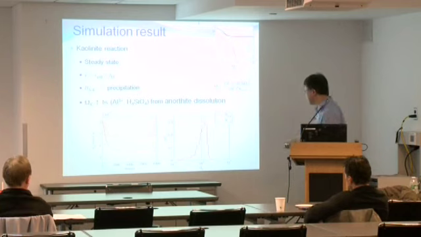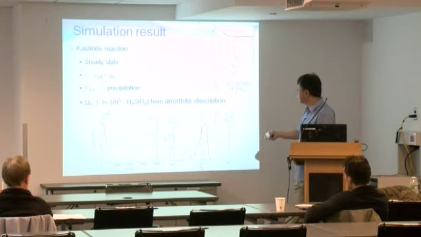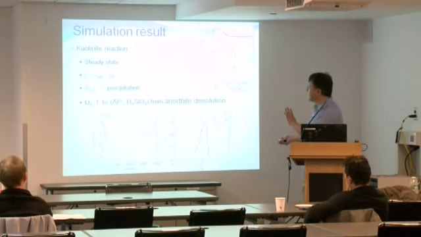And this is the distribution of omega k in pores, and this is omega equals 1, the equilibrium state. This region is omega less than 1, the dissolution pores, and this is the precipitation pores. So for the kaolinite reaction, we have kaolinite dissolution pores and kaolinite precipitation pores.